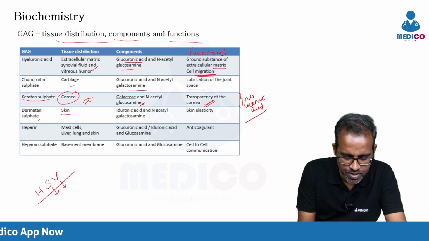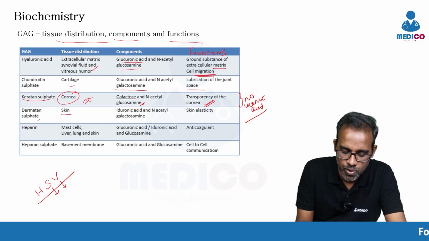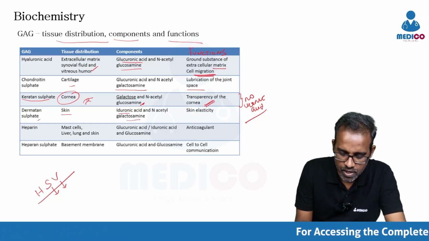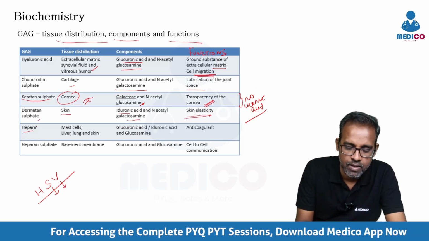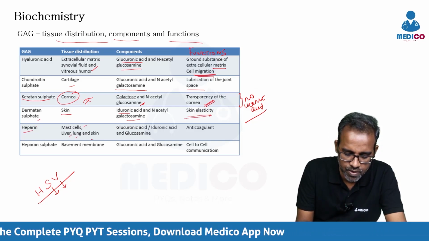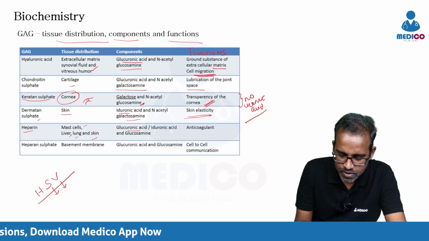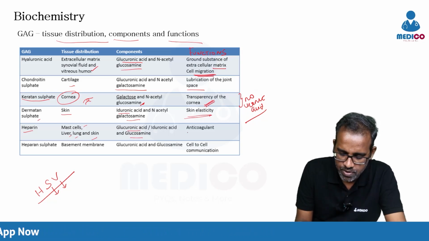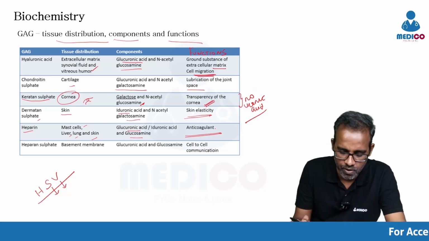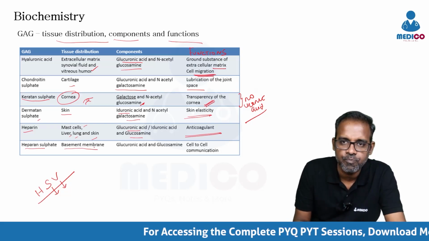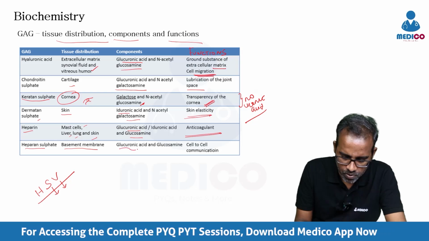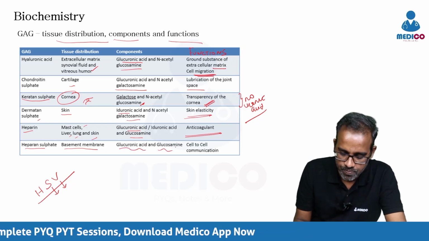Dermatan sulfate, as the name suggests, is present in skin. It's made up of iduronic acid and N-acetyl galactosamine. It's responsible for maintaining skin elasticity. Heparin is present in mast cells, lungs, liver, and skin. It's made up of glucuronic acid or iduronic acid and glucosamine. Its main function is anticoagulant, very well known. Heparan sulfate is found in the basement membrane. It is made up of glucuronic acid and glucosamine.